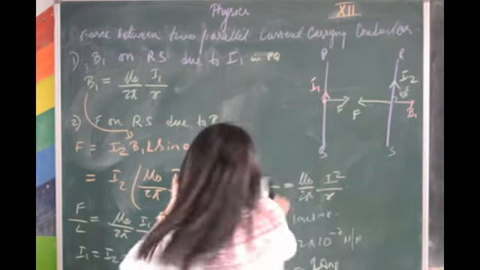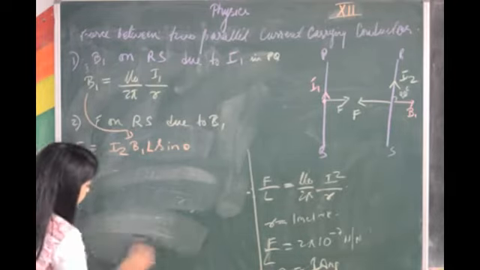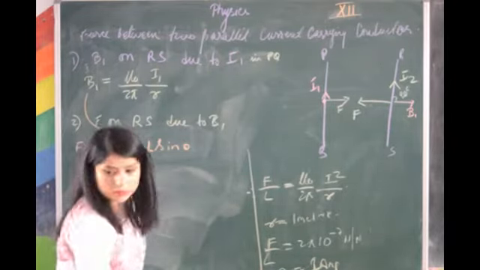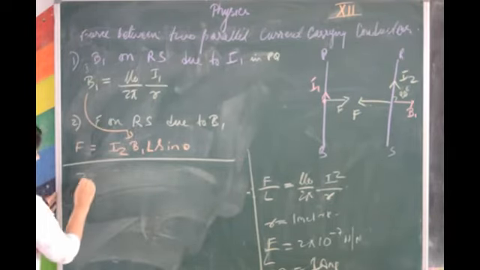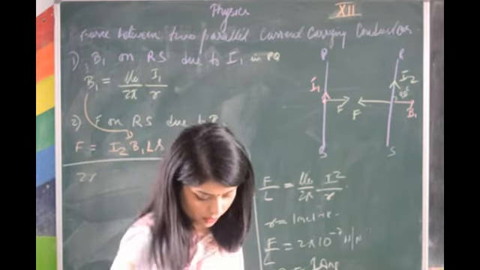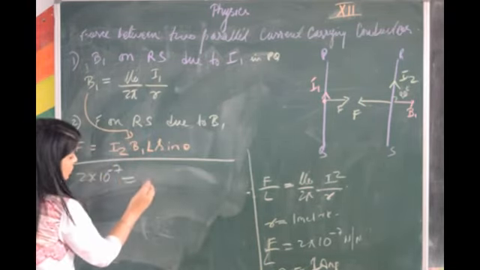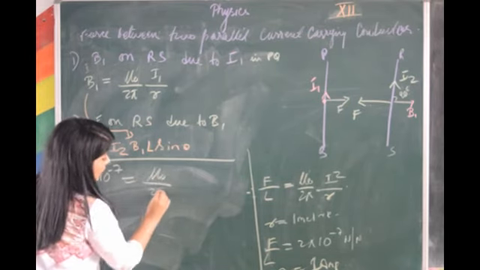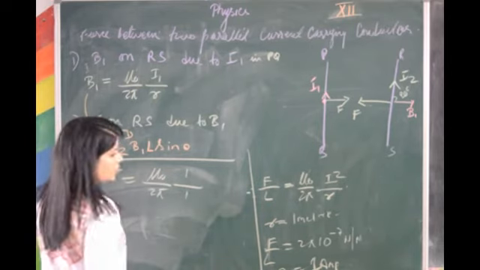From that, we can also find the value of mu naught. We'll just do that. Force per length, 2 into 10 to the power minus 7, is equal to mu naught by 2 pi, current is 1 ampere, 1 into 1 is 1, R is also 1.